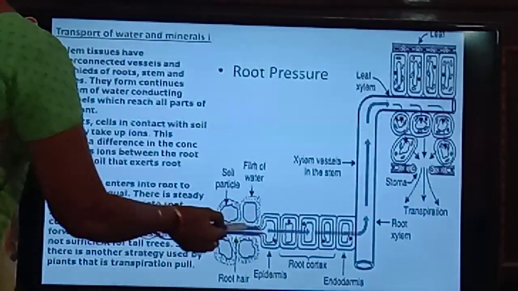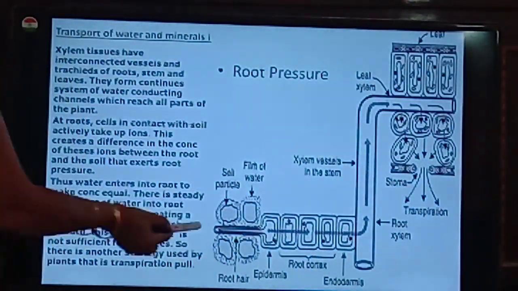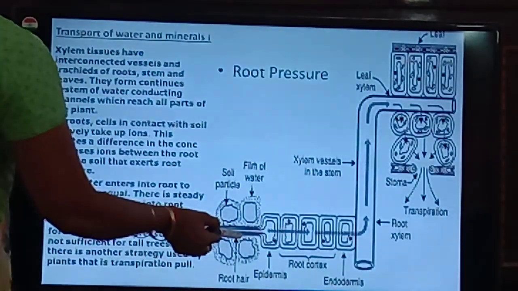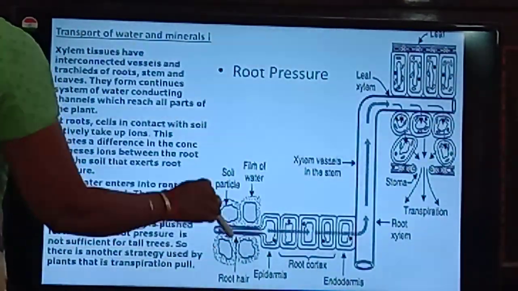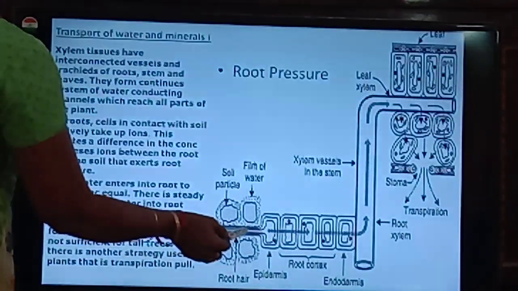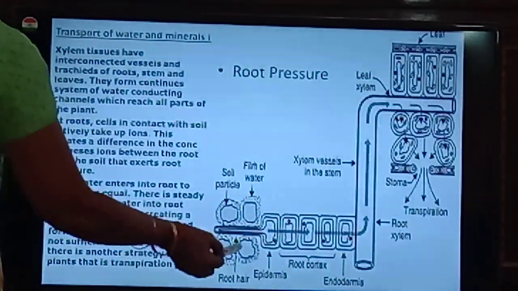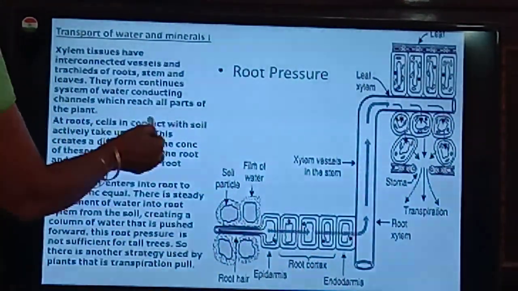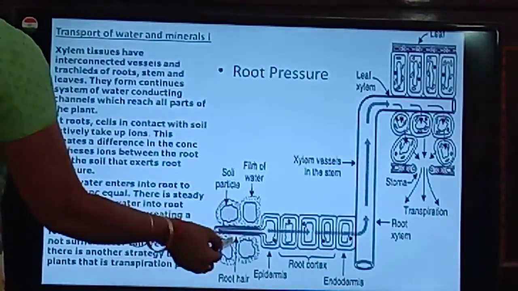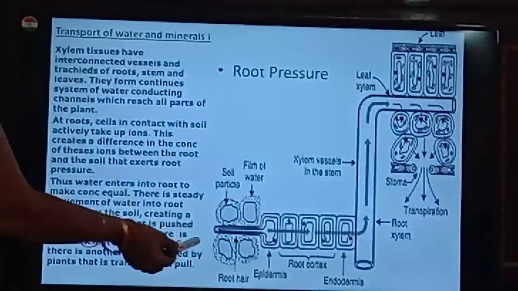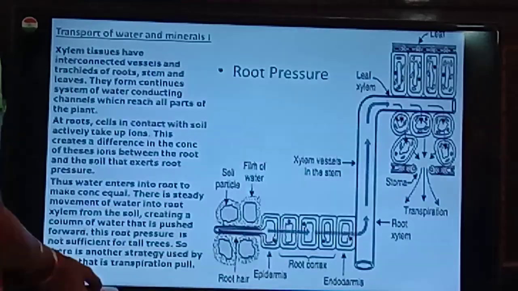So here, what is that physical force? Root pressure. As root pressure is formed, water enters into the root to make the concentration equal, because there is some difference in the ions and water here. So to make it equal, water enters into the root.